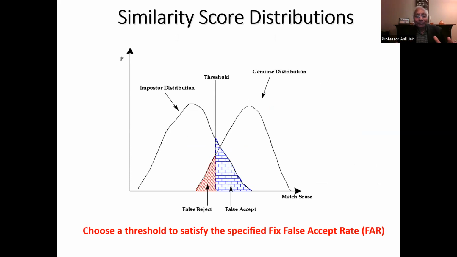So now we know the whole job in machine learning, AI, face recognition is to find a similarity between 2 objects, 2 images. And now we look at the similarity score distributions in the case of fingerprint. So there are 2 distributions, the imposter distribution and the genuine distribution. Genuine distribution means I compare my fingerprint captured many, many times.